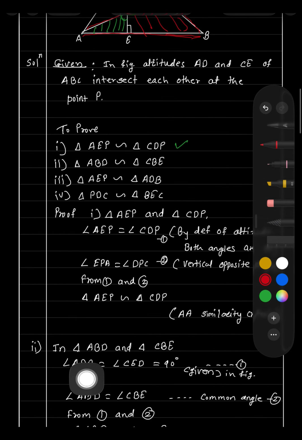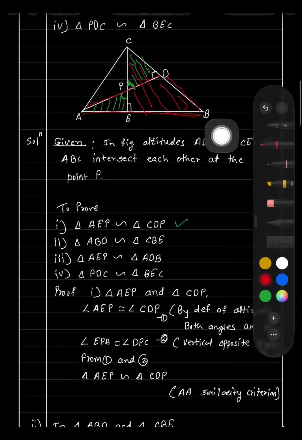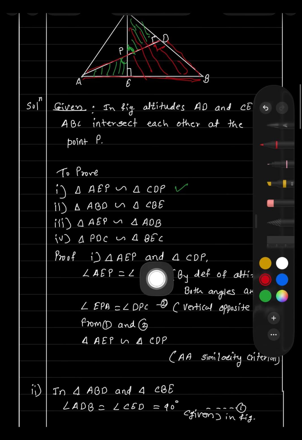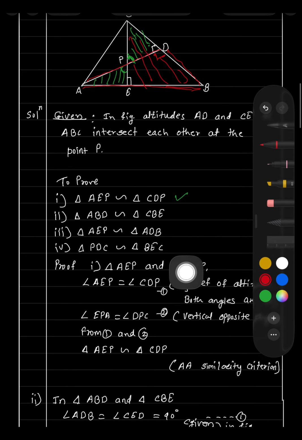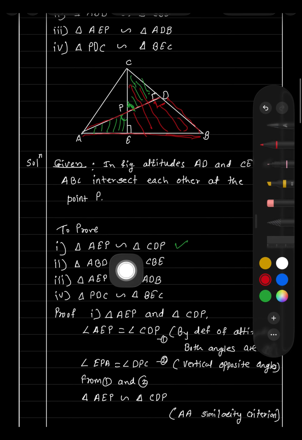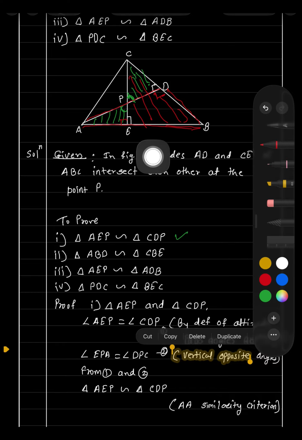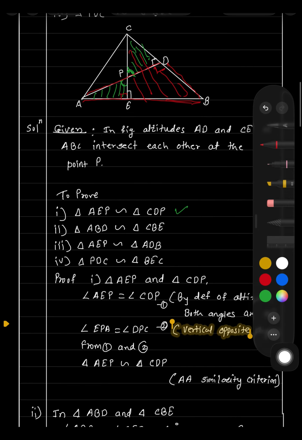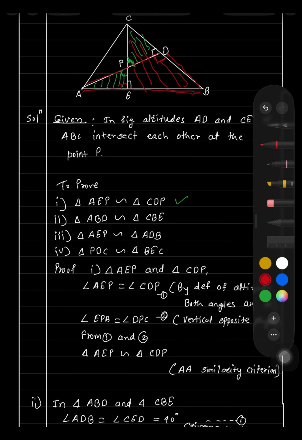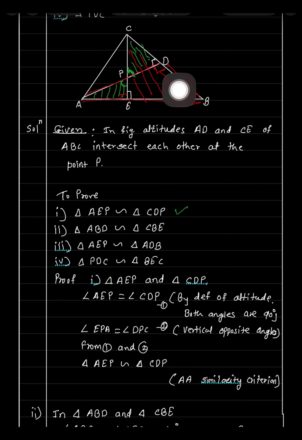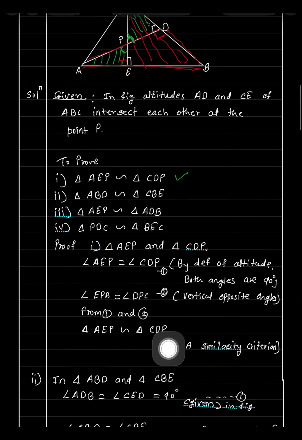Here angle ADB is 90 degrees, so this other angle is also 90 degrees. Then CDP is 90 degrees and AEP is 90 degrees, because it's already given that they are altitudes. The other angle is a supplementary angle, so it becomes 180, so the other one is also 90, and both angles become 90 degrees.